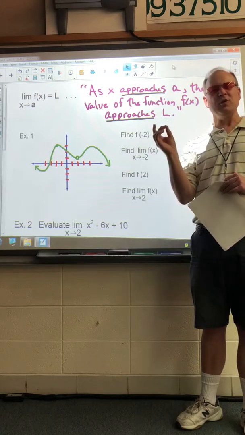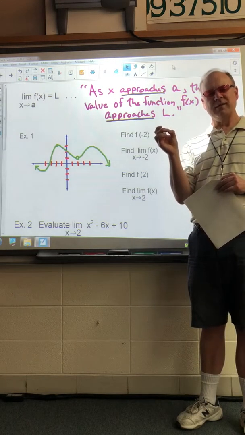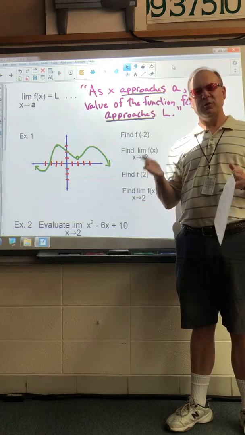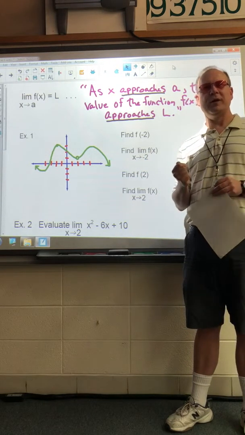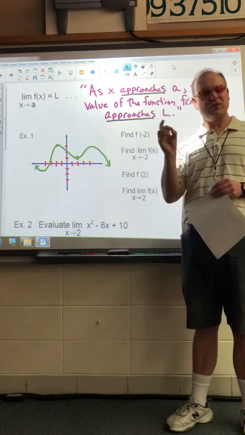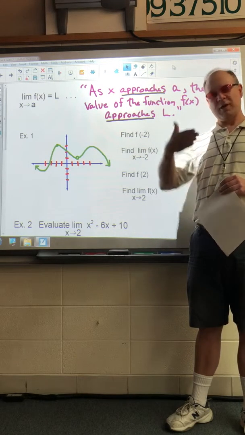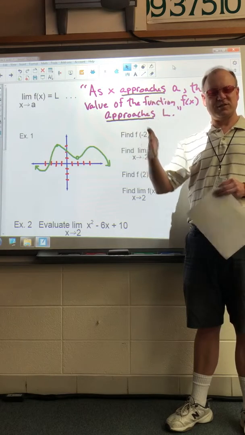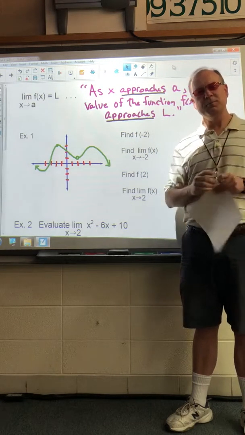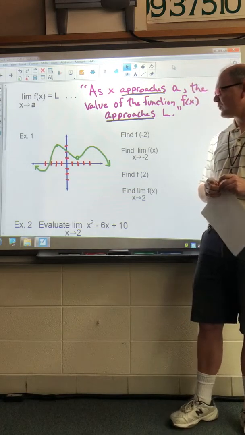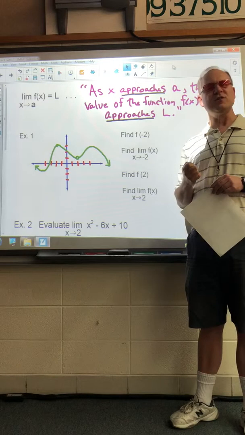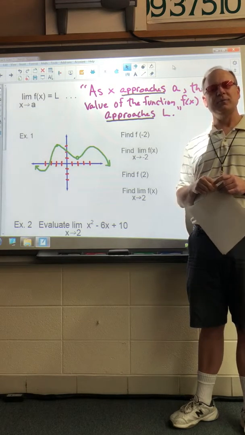If I'm a millimeter away, I can get a half a millimeter away. If I'm a half a millimeter away, I can get a quarter of a millimeter away. However far away I am, I can always cut that in half and still not be there. So it's possible in the world of math to always approach something, but never to get there.